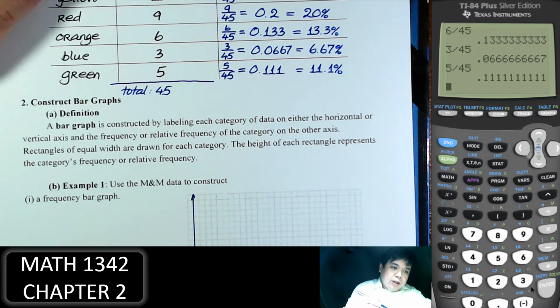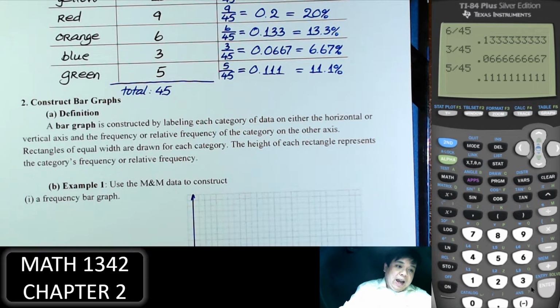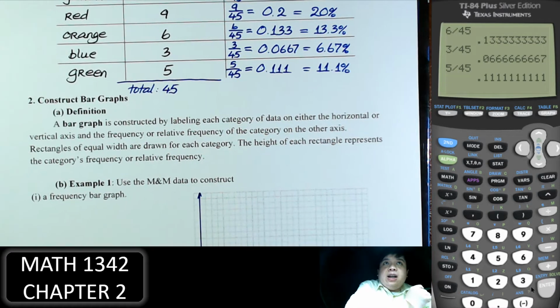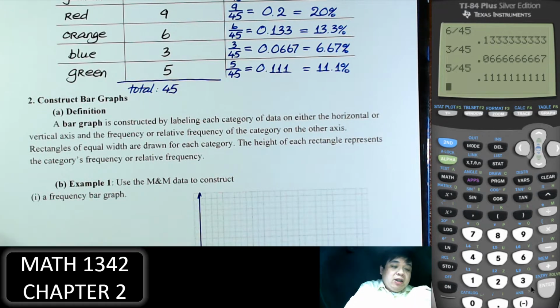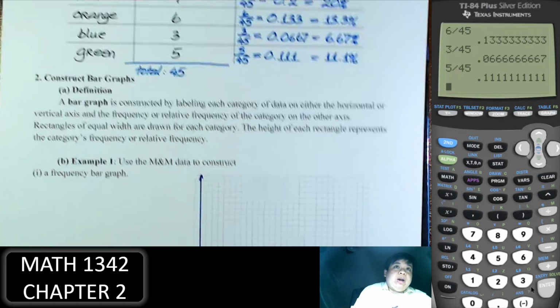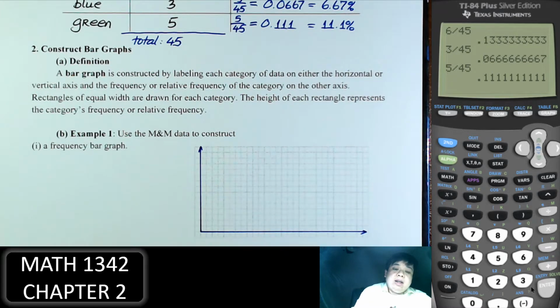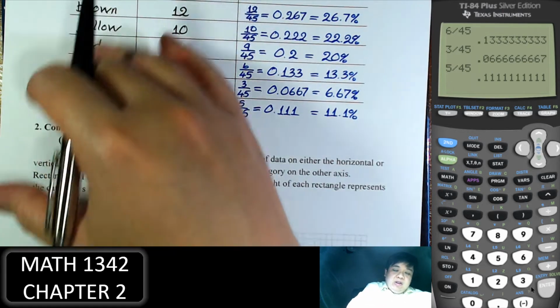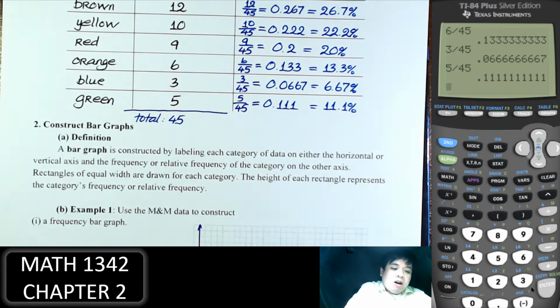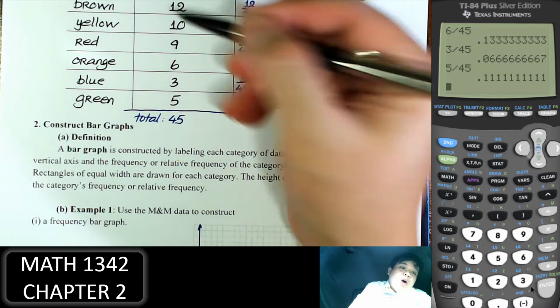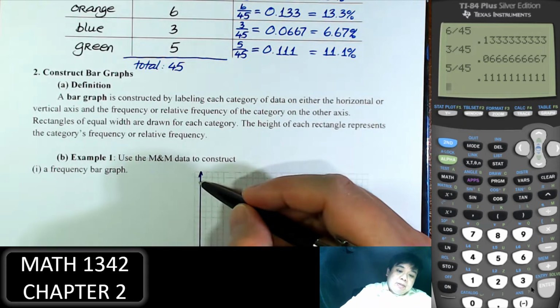So, 6 categories, and this is once again qualitative data, so we can rearrange them anywhere we want. It doesn't have to be in order because we don't have an order in the colors. It goes up to 12, so we have to choose something big enough to hold 12.